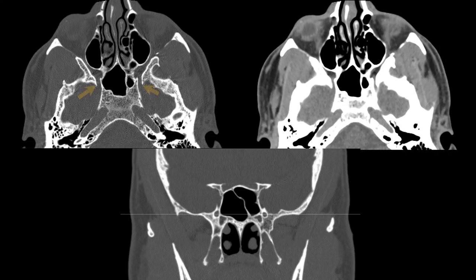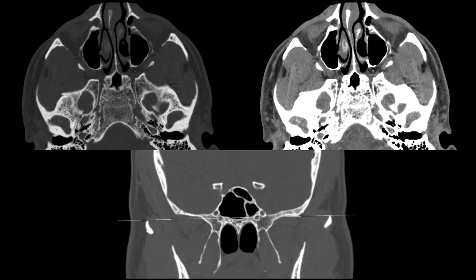Just caudal to the foramen rotundum, seen here on the next slide, is the Vidian canal, also running in an anterior to posterior direction in the axial plane. It also appears as a rounded foramen along the inferior margin of the sphenoid sinus and body of the sphenoid as viewed in the coronal plane.